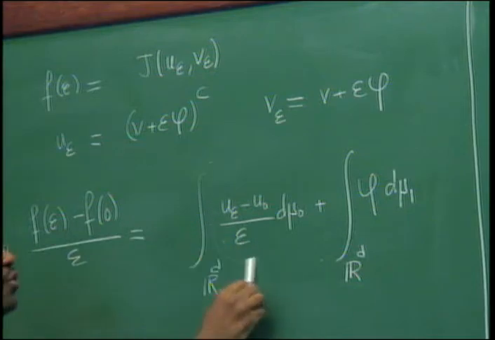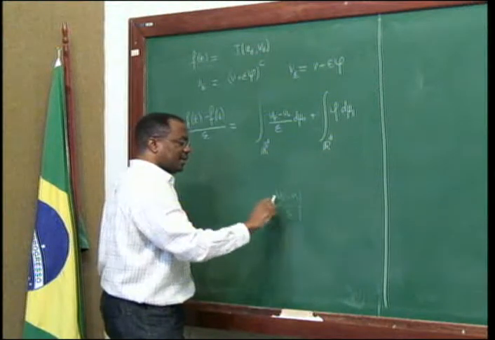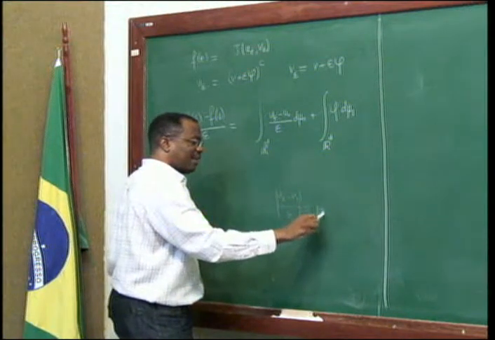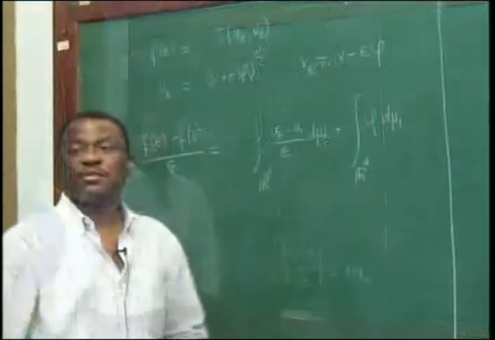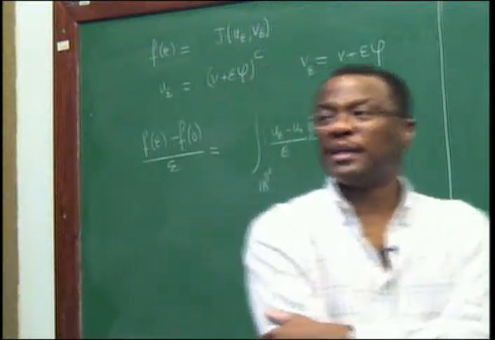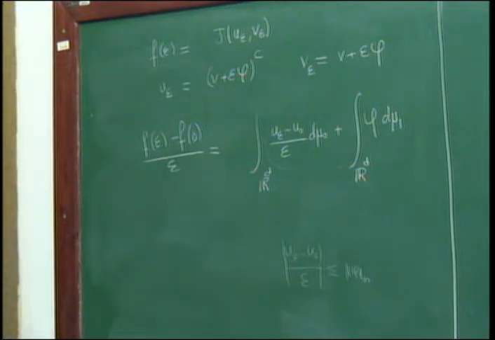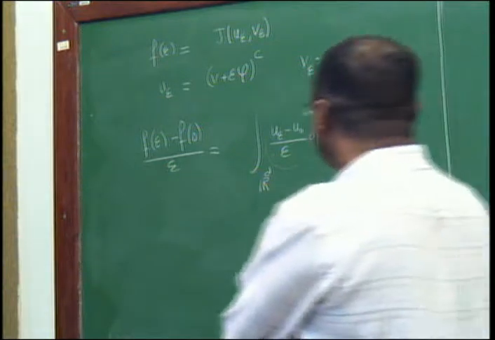Now, the previous theorem tells me that u epsilon minus u naught over epsilon is less than phi, the L infinity norm. Therefore, I can apply the Lebesgue dominated convergence theorem and pass the limit from outside to inside.